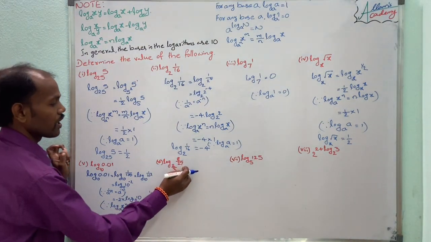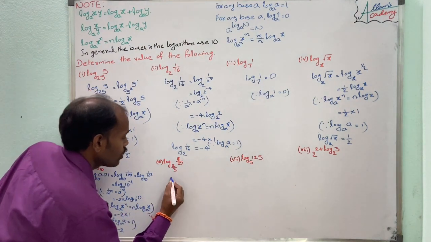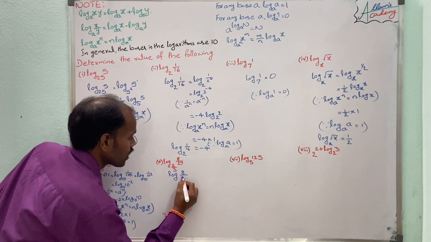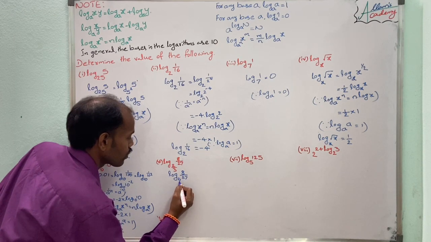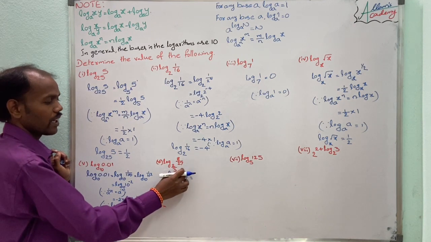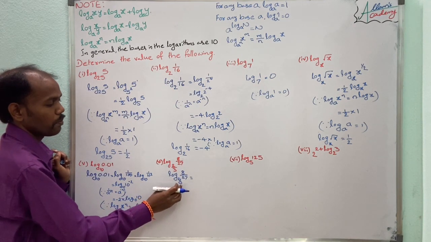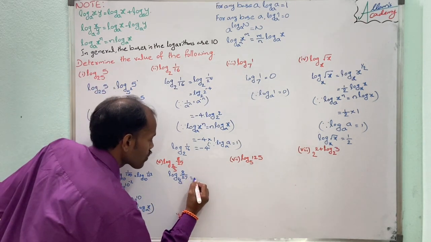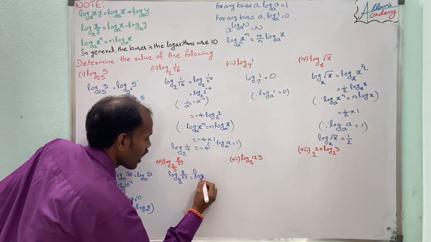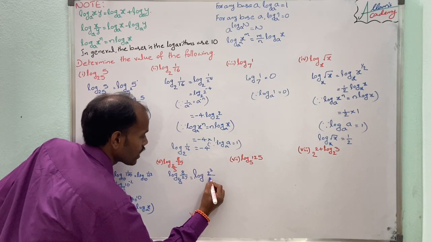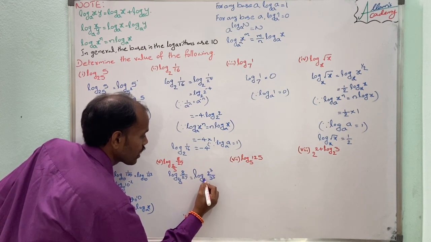Now log 8 by 27 base 2 by 3. Here we observed 8 can be expressed as 2 power 3, and 27 can be expressed as 3 power 3.